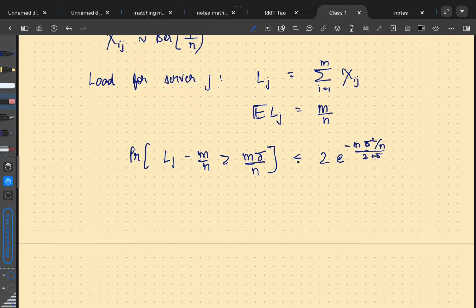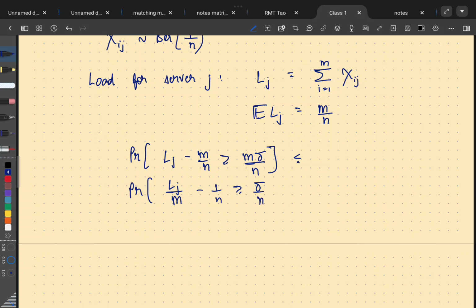Let me express that as the probability that L_j divided by m minus 1 by n is greater than or equal to delta by n.